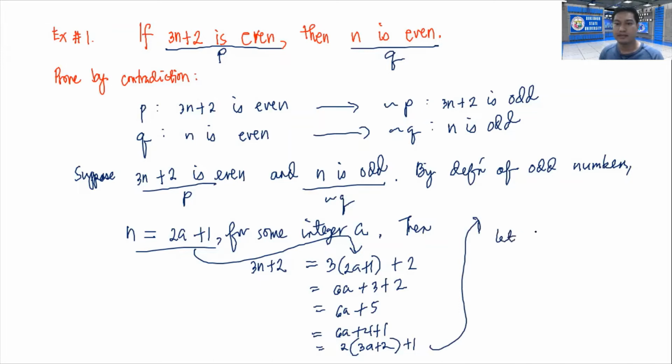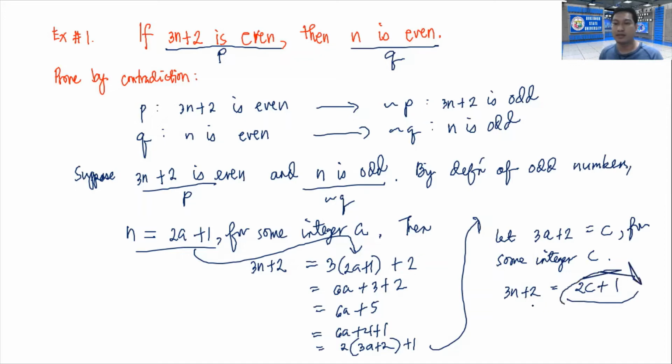And then let 3a plus 2 be equal to c, for some integer c. Then 3n plus 2 will just be equal to 2c plus 1. Take note that 2c plus 1 is the definition of an odd number.